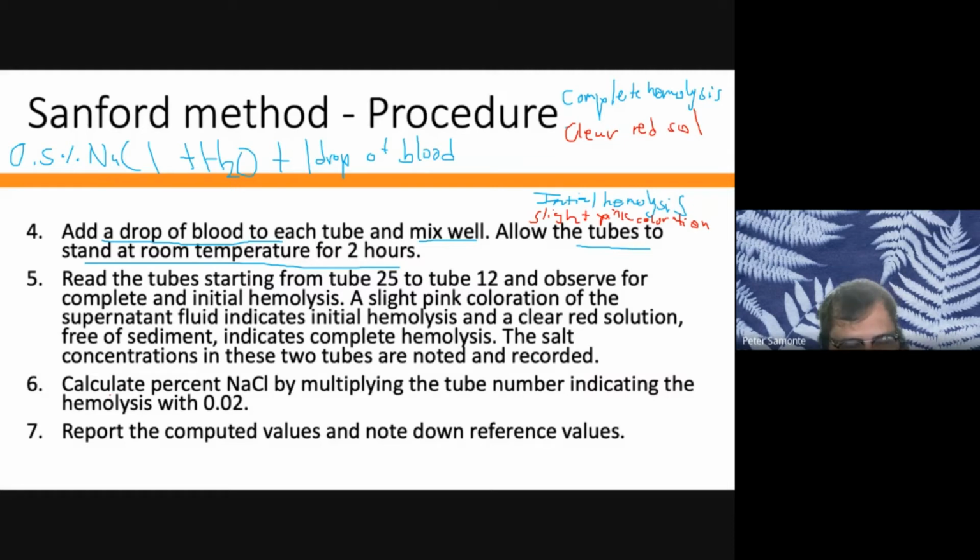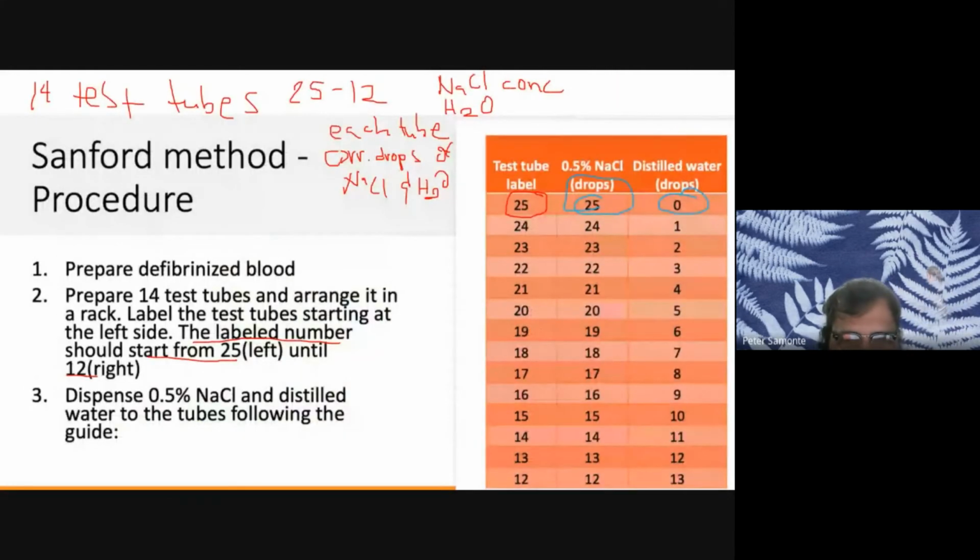Now, after you've found your complete hemolysis, you're going to calculate the percent sodium chloride by multiplying the tube number indicating the hemolysis with 0.02. Okay, let's go back here. Let's say, class, tube 18. In tube 18, there is a clear red solution.